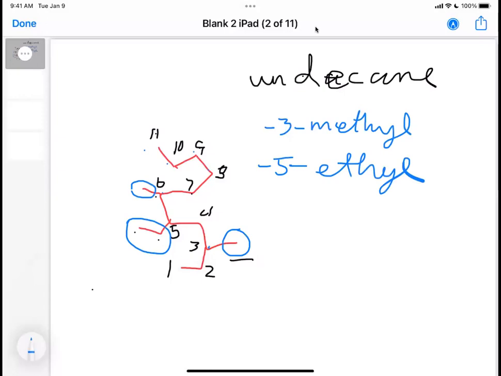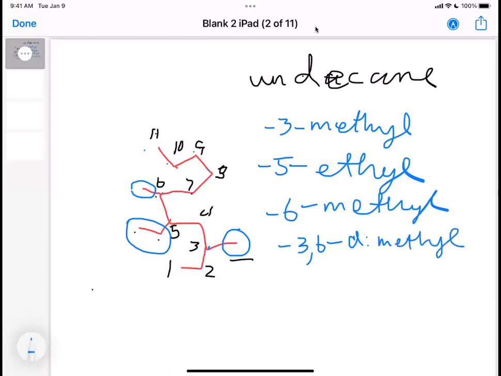And we have a methyl group on the 6 carbon. So we're going to just make sure we don't forget it by putting it here. And now we can apply the di-tri-tetra rule. And we have 2 methyl groups, so we can say it's dimethyl, okay? So we can now say, instead of that, it's going to be 3, 6 dash dimethyl.